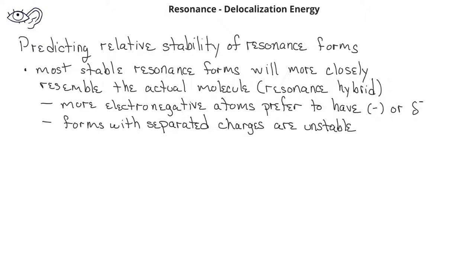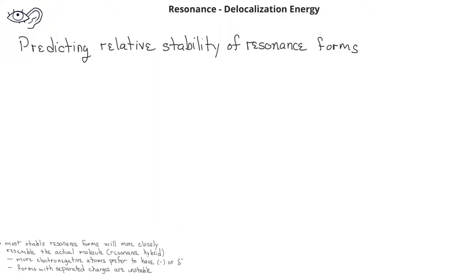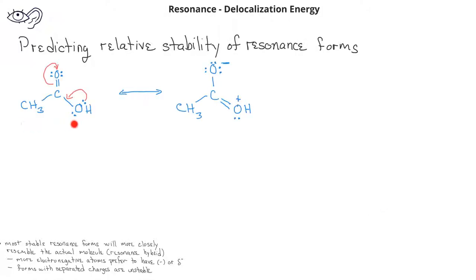Finally, if we have a resonance form that has multiple charges, the separated charges will generally be unstable. Let's look at a few examples and make predictions about which resonance form is more stable in each case. In this first example, we have two resonance forms. The one on the left is acetic acid, which has a carbonyl group, or a carbon double bonded to an oxygen, and a hydroxyl group, or an OH group bonded to a carbon.